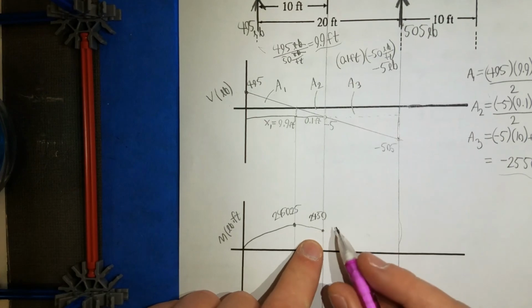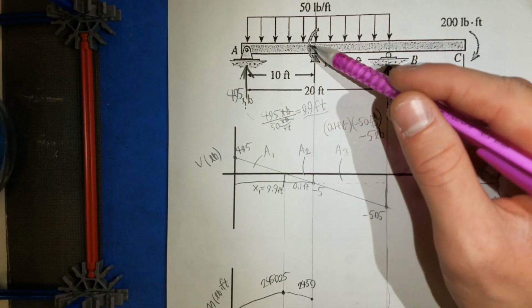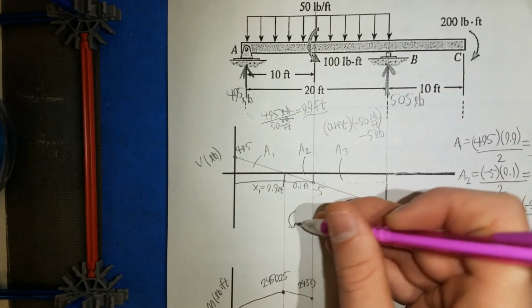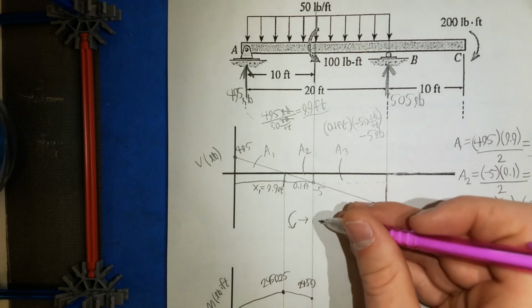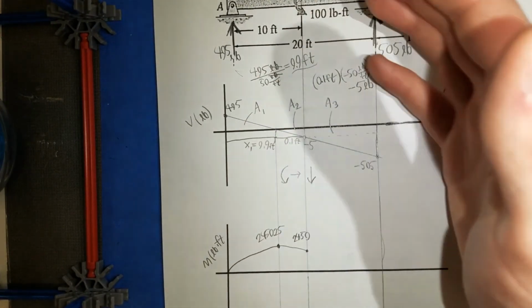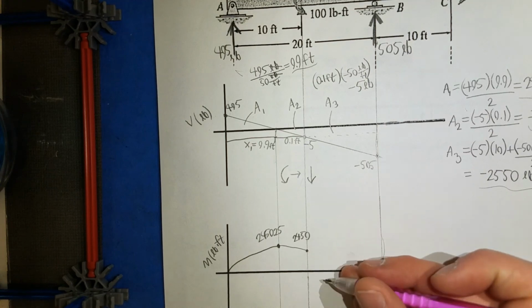The next thing we need to worry about is this change in moment here, this couple moment. When a moment is acting clockwise, it means that there's going to be a jump in moment going down. It's kind of counterintuitive because you always want to think that this way is going to be positive, but in this case, it's going to make our bending moment go downward.